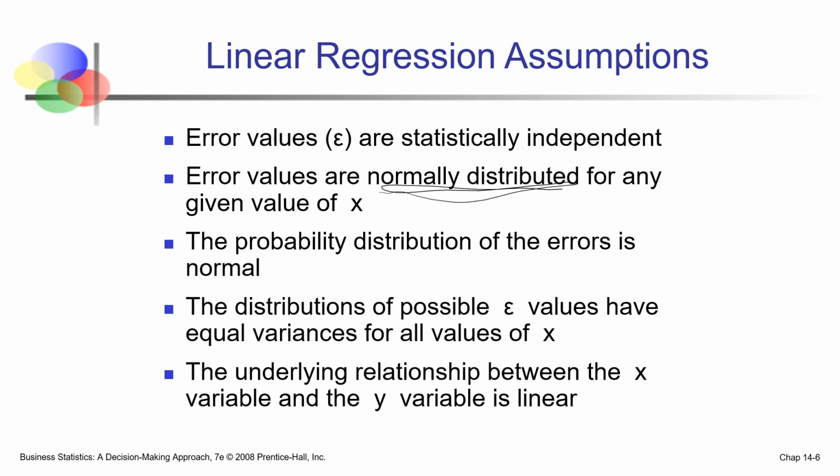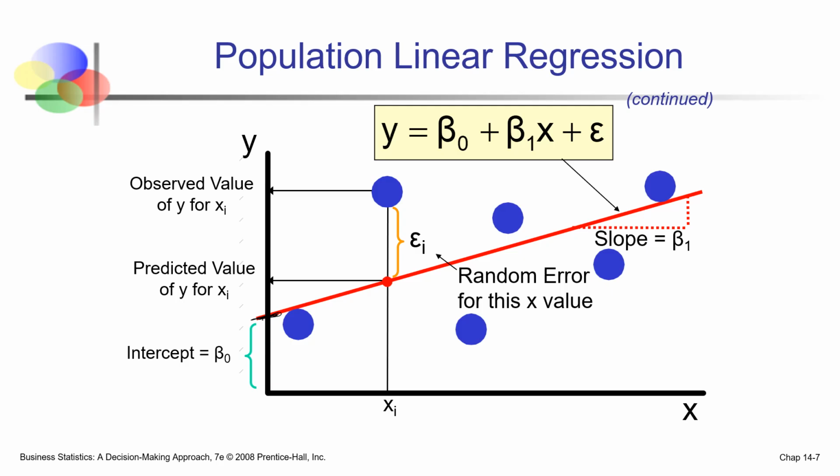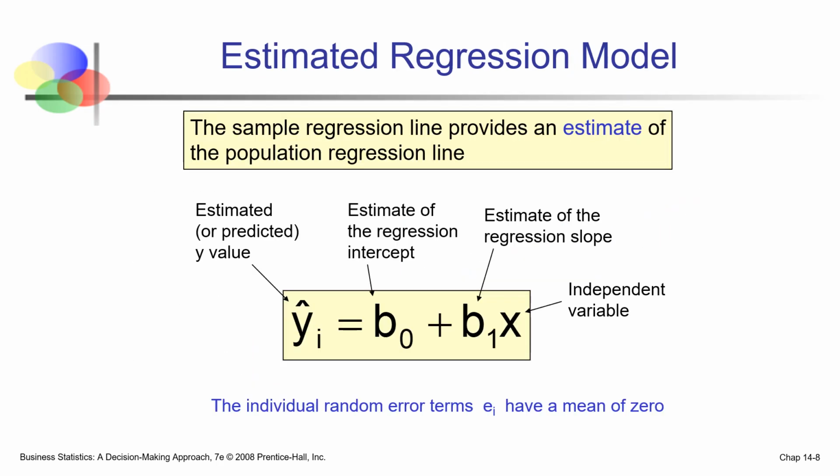If we are considering the sample model, this is the estimated, or sample-based, model. Usually beta naught is converted to b naught, and beta 1 is converted to b1.